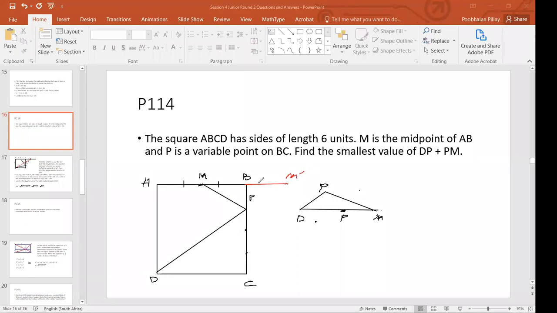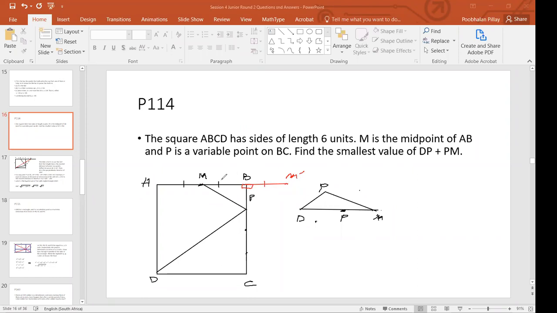Then what happens is this length here is the same as this, and this is 90 degrees. And you have an interesting situation that this line here, CB, is a perpendicular bisector of MM prime.